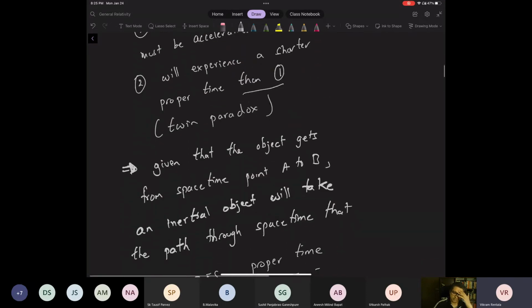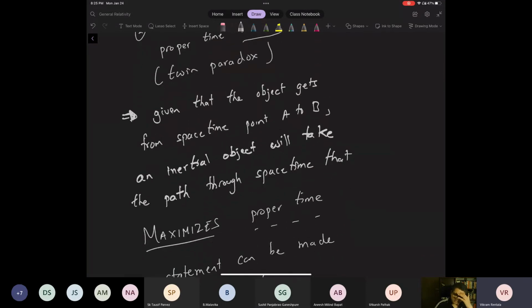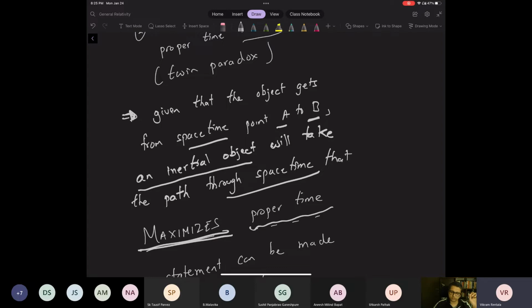Given that the object gets from a spacetime point A to a spacetime point B, the claim is that an inertial object will always take the path through spacetime that maximizes its proper time.